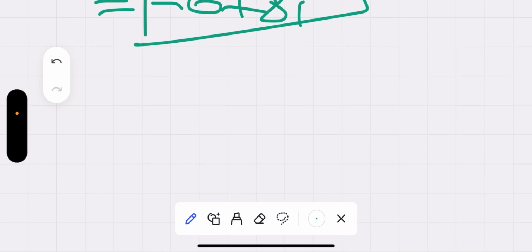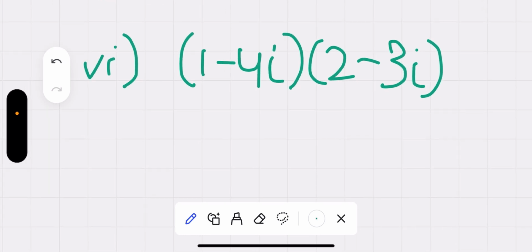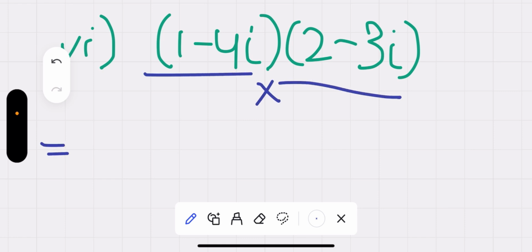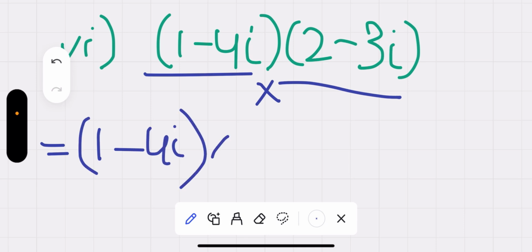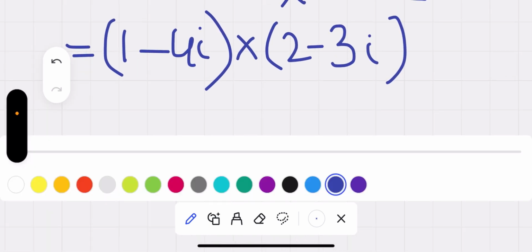Next we have the sixth part. 1 minus 4 iota and 2 minus 3 iota. Again, there is no sign between these two brackets, and these are two complex numbers, so we shall say that these are being multiplied. So the first term will be multiplied with all terms of the second bracket. Similarly, the second term will be multiplied with all terms in the second bracket.